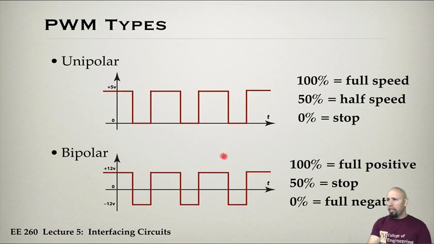If you think about what's going on, 100% means I only have 12 volts coming out. 0% means that it only stays down here at minus 12 volts. In that case, we have full negative.